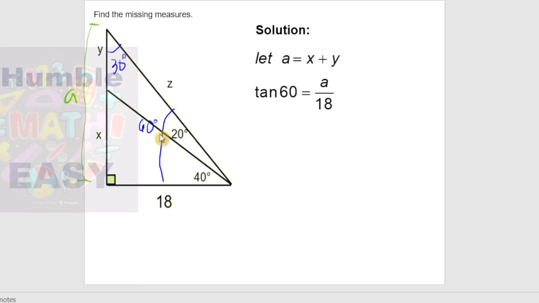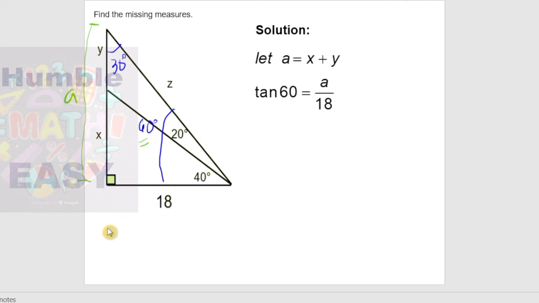Its angle value available is 60 degrees. The a here is the opposite side of the 60 degrees, while the 18 here is the adjacent side of the 60 degrees.